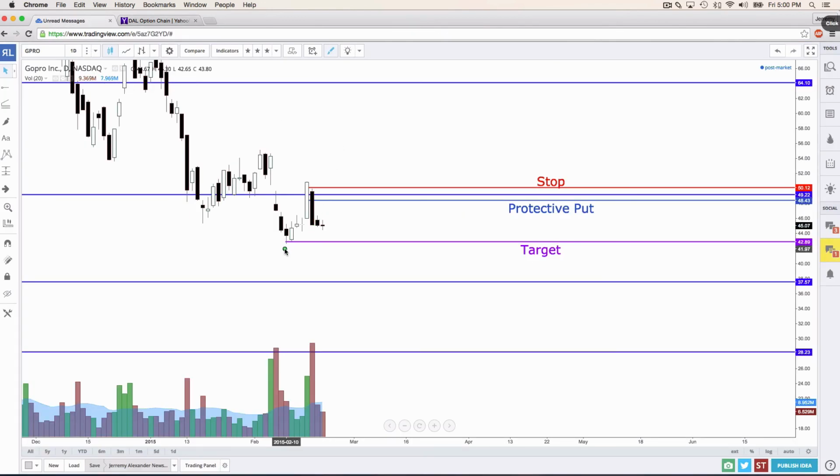42 is right here. So bottom line is if the stock does this, you are now capped at your maximum reward on this trade.